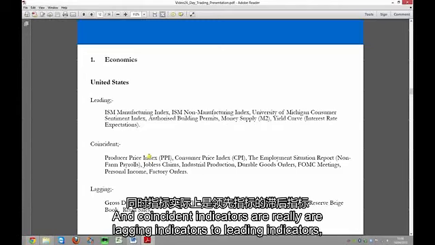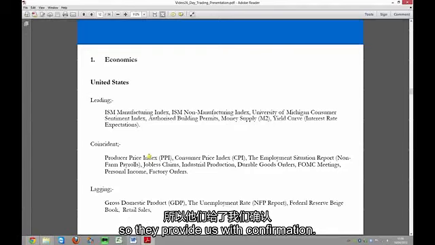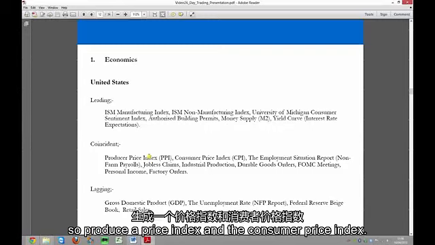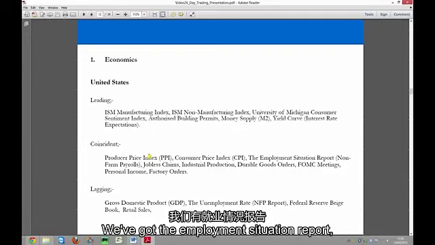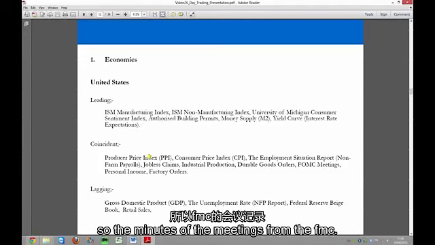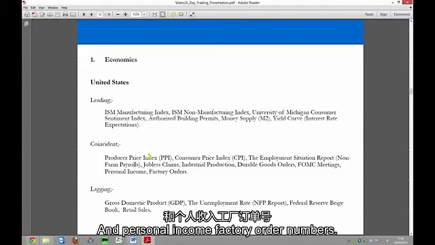And coincident indicators are lagging indicators to leading indicators. So they provide us with confirmation. So again, we've got inflation, so producer price index and consumer price index. We've got the employment situation report, non-farm payrolls, jobless claims, industrial production, durable goods, even FOMC meetings, so the minutes of the meetings from the FOMC, and personal income, factory order numbers.